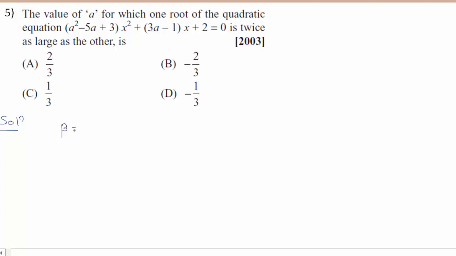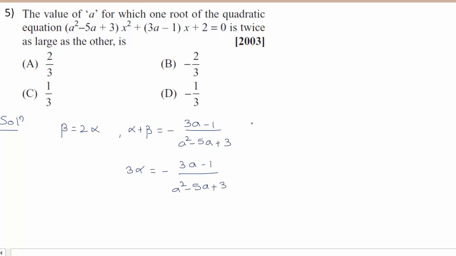So let's say beta is twice the alpha. In the given equation, alpha plus beta is minus b by a. So if you put beta as 2 alpha, we get 3 alpha is equal to minus of 3a minus 1 divided by a square minus 5a plus 3.